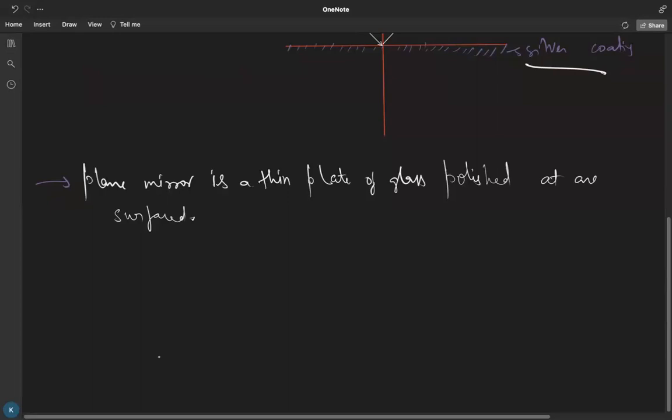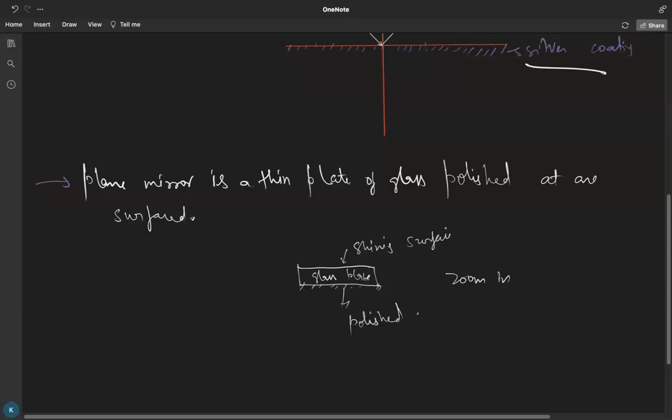So let me draw it here. If this is our glass plate, I'm zooming the same figure. Zooming in, this is our glass plate, this is our shining surface, and the back end, if you look at the plane mirror, is polished, right?